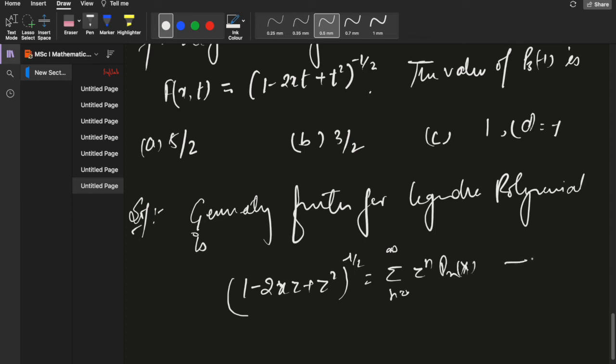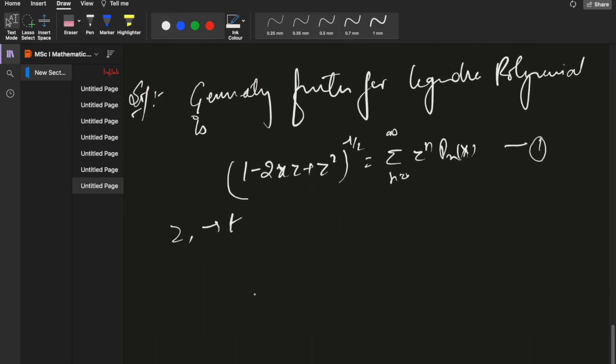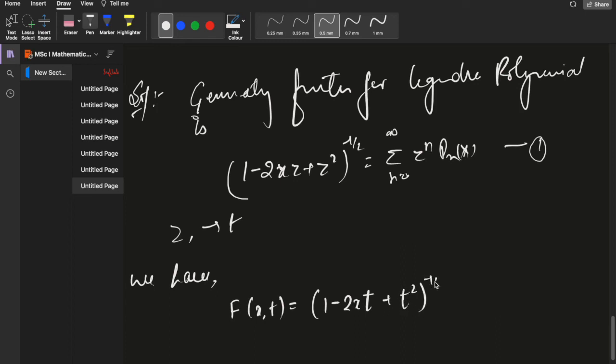This we already know, but here z is replaced by t. So the question says we have f(x, t) equal to (1 minus 2xt plus t square) to the power minus half, which is equal to the summation 0 to infinity P_n(x) t to the power n.